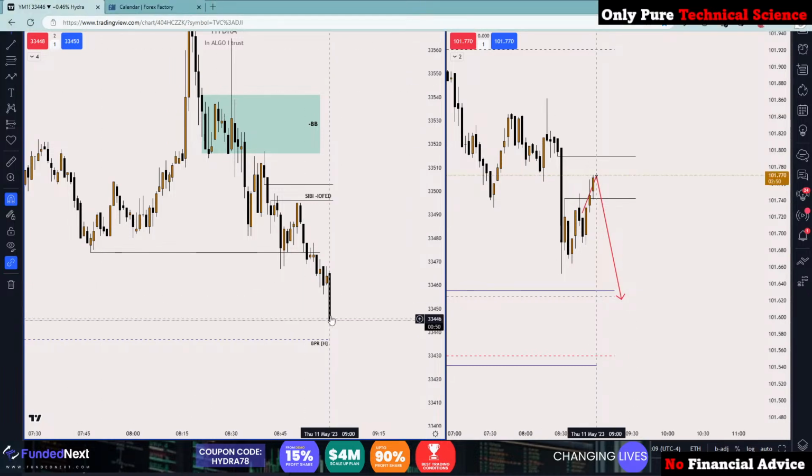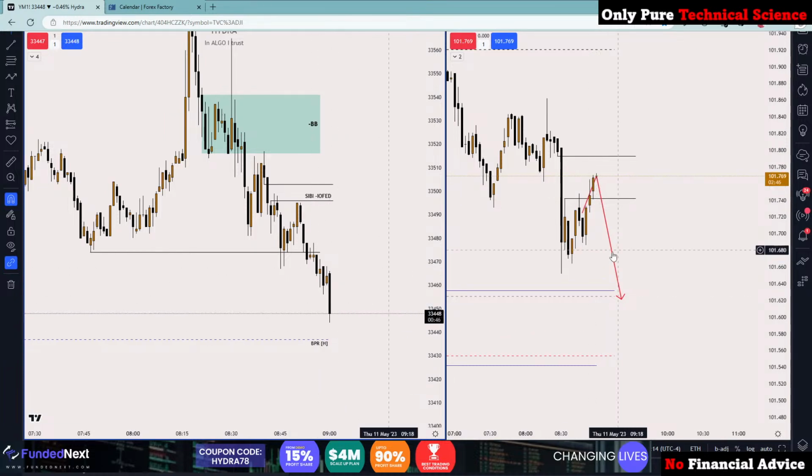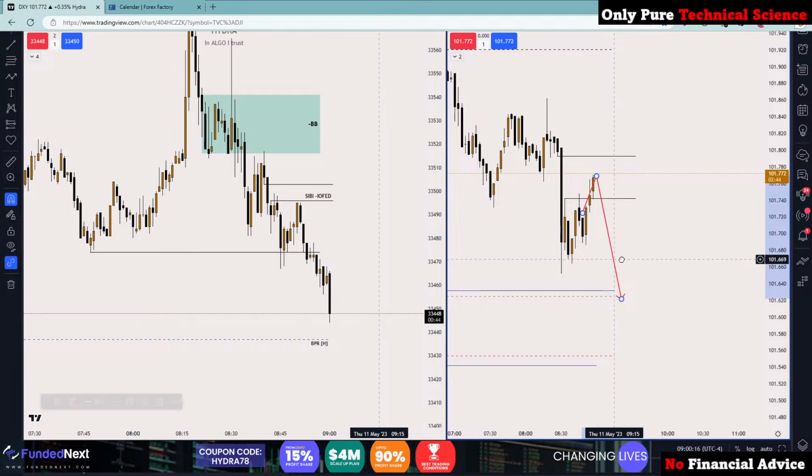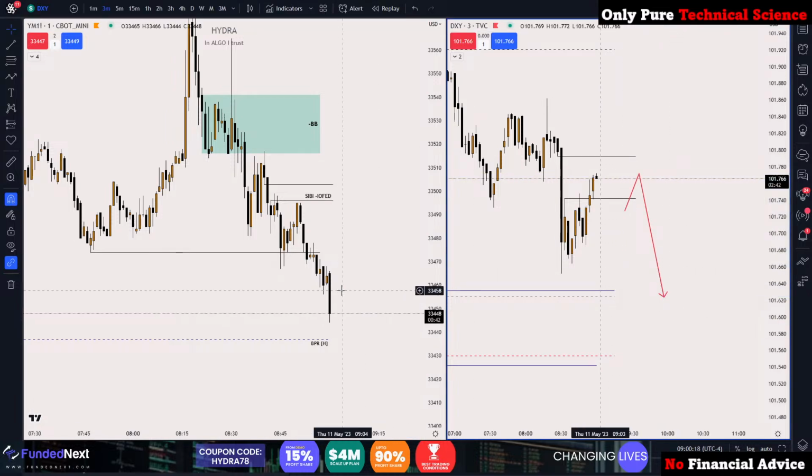Even if you're holding this trade, it would have given you a huge profit by now. I think if you are holding till down here, that would have been a 3-hour trade. Scalp, why not? I want to show it to you guys.